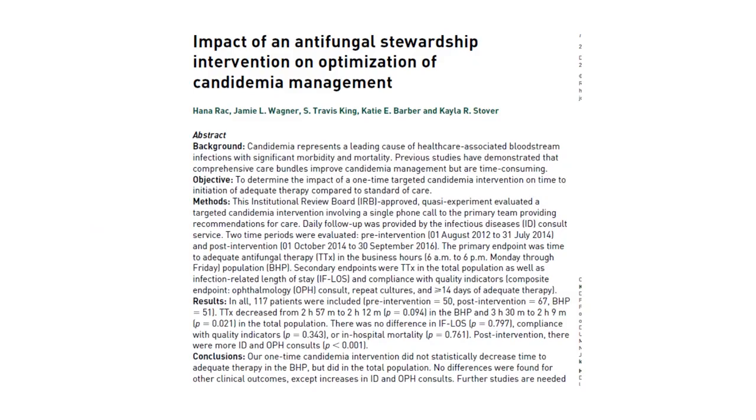Let's look at this example. This is a real study using quasi-experiment. The title of this study: The Impact of an Antifungal Stewardship Intervention on Optimization of Candidemia Management. The background says candidemia represents a leading cause of healthcare-associated bloodstream infections with significant morbidity and mortality. The objective of the study was to determine the impact of a one-time targeted candidemia intervention on time to initiation of adequate therapy compared to standard of care.